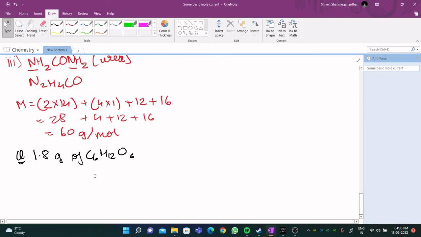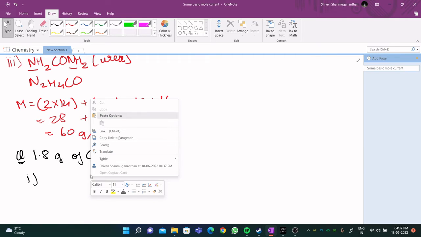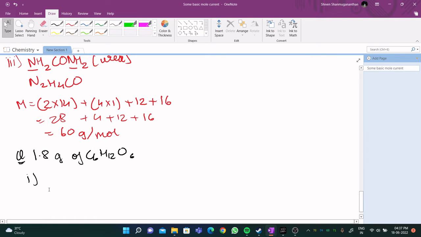Now, first let's find out the number of molecules. First we'll just find out how many moles of glucose we have here.